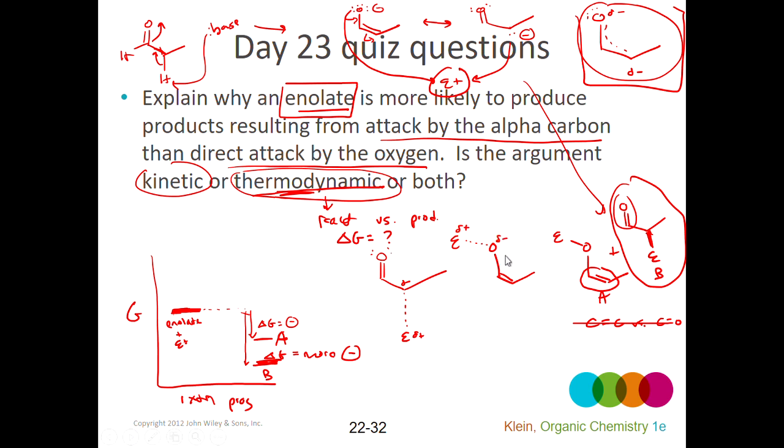So the oxygen would carry the partial negative. So there are a couple issues at play here. One is the oxygen, we know, is better at stabilizing a negative, a lot better at stabilizing a negative than a carbon, even when it's only a partial negative. So we might expect pathway A to be lower in energy than pathway B.